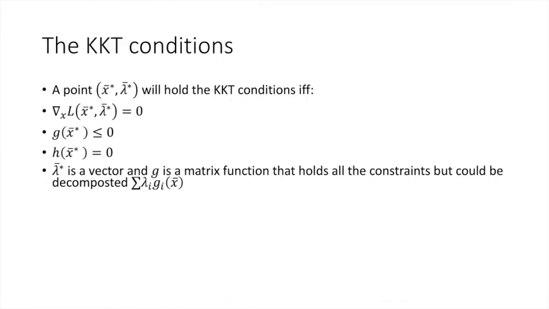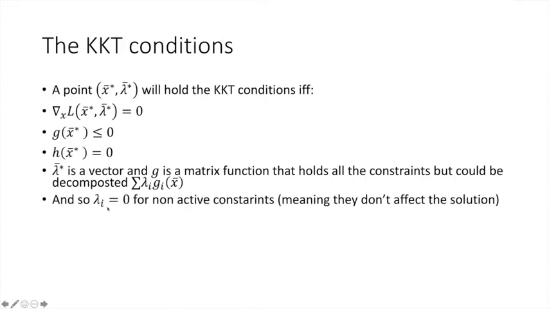Lambda star is a vector and g is a matrix function that holds all the constraints but could be decomposed to sigma lambda i g i x. That means that we squeeze the inequality and equality constraints into one variable and one matrix. And so lambda i is equal to 0 for non-active constraints, meaning they don't affect the solution, and lambda i is larger or equal to 0 for active constraints.